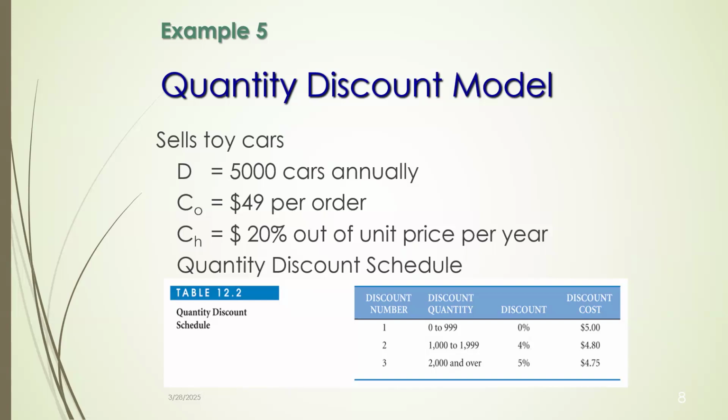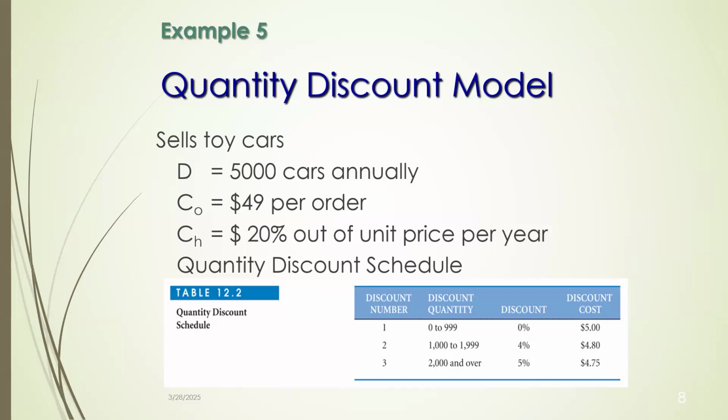Any example for the quantity discount? You didn't get any quantity discount when you buy goods? When we buy yogurt or something, sometimes we receive a quantity discount. Yes, not everywhere, some places I know. Yes, some places only.